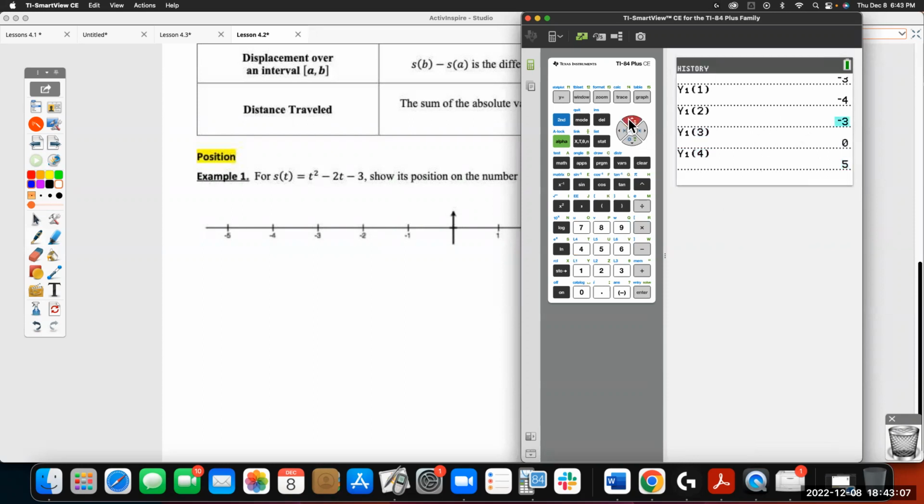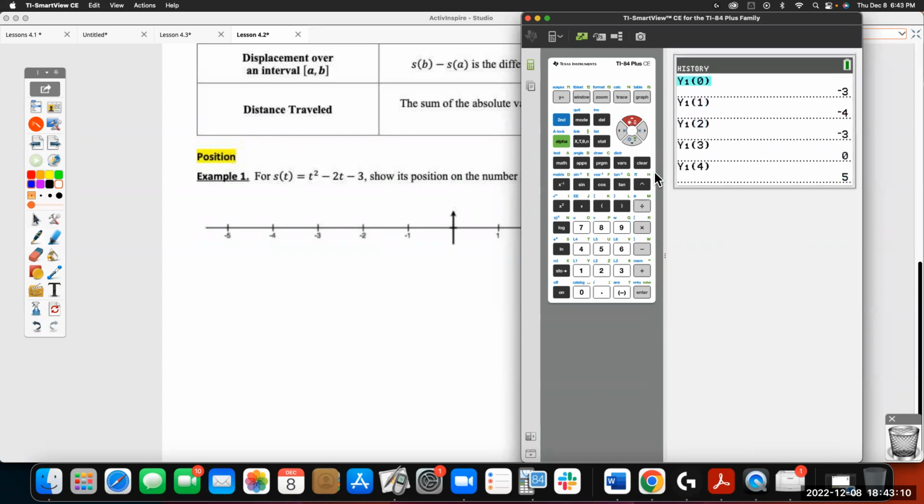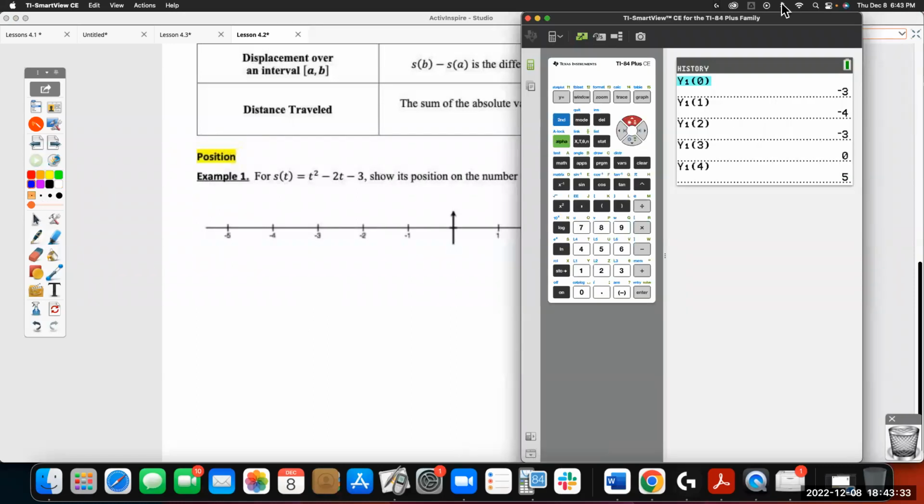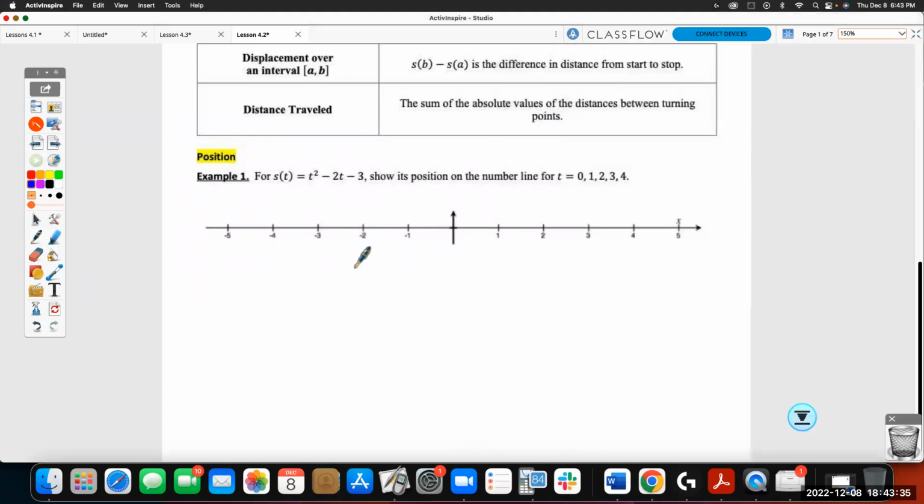Okay, I can see the top now. So y sub 0 is -3. Actually you can do that manually right here, but just so you know, if the function is a more complex function, then you can put it in y sub 1. Let's do the table here.